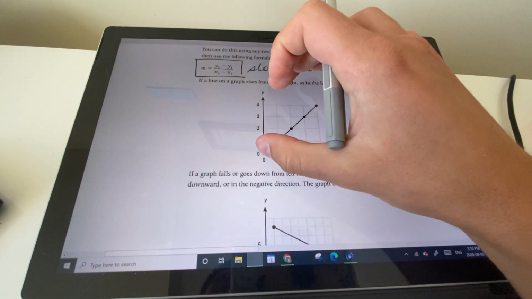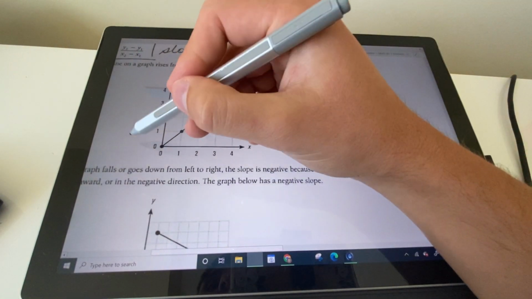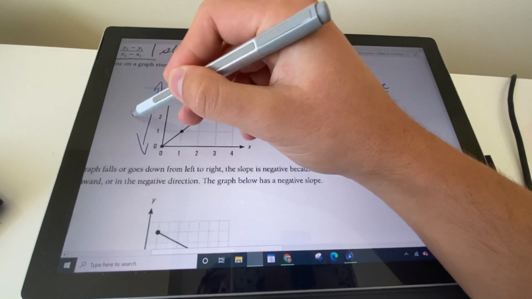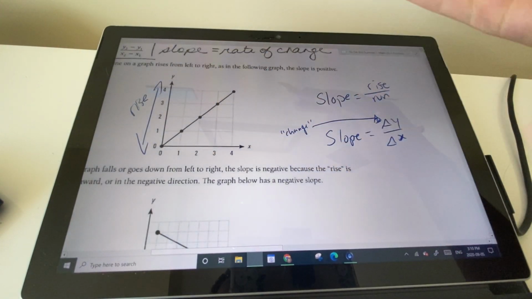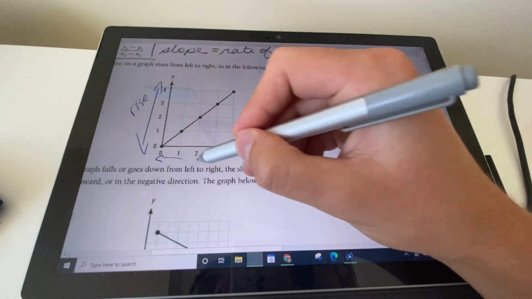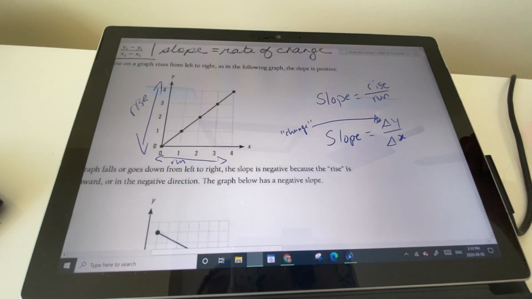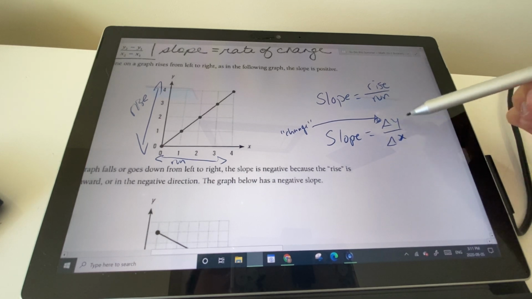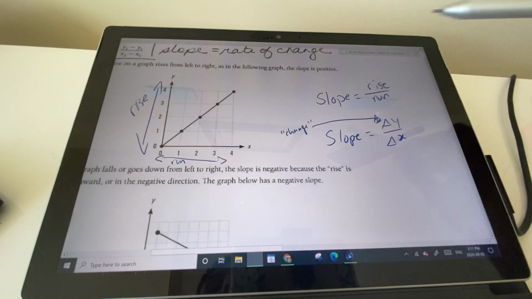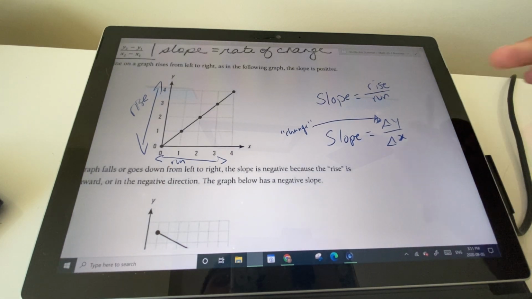If we think about a graph here, this is the rise, up and down is rise. Run is the horizontal, so the x is the run. So if we change numbers in our y, how does the x change with respect to what the y is changing?